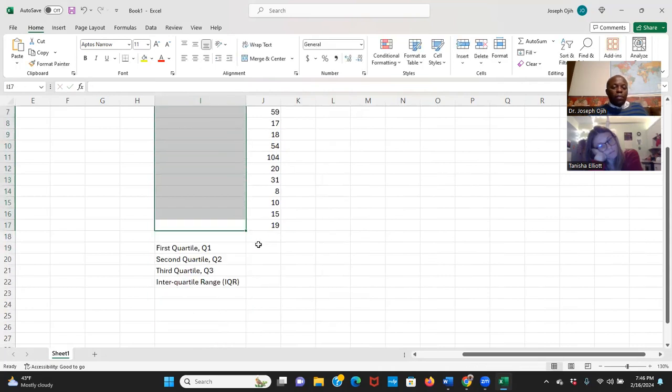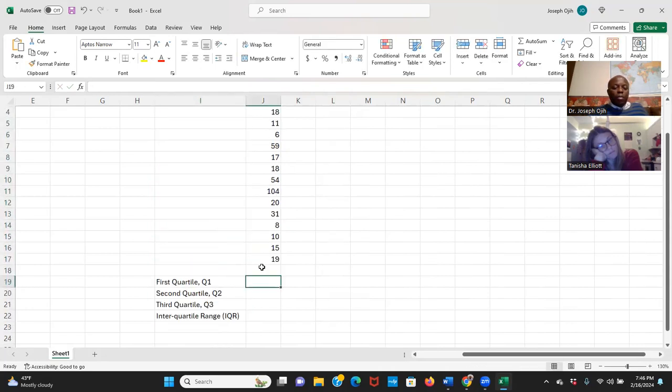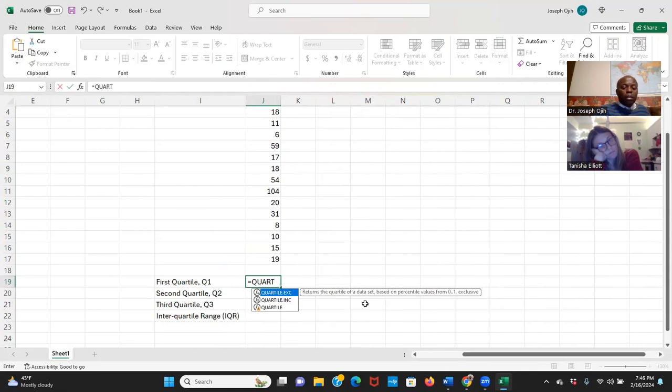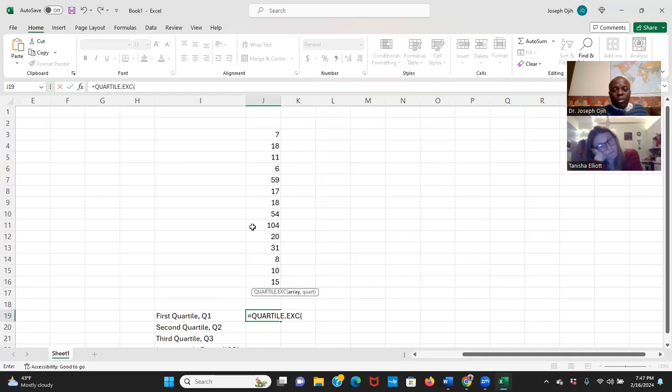Now, for the first quartile, just type equal. Remember to put the equal sign first. Then type quartile, and it will pop out. It returns the quartile of a data set. Double click on it. You see here it says array, so we're going to highlight all the numbers.